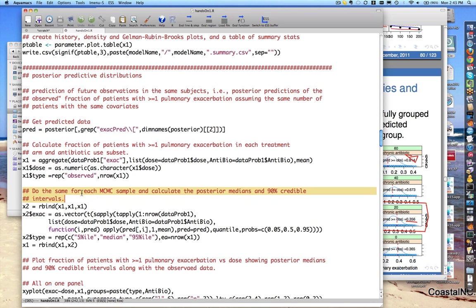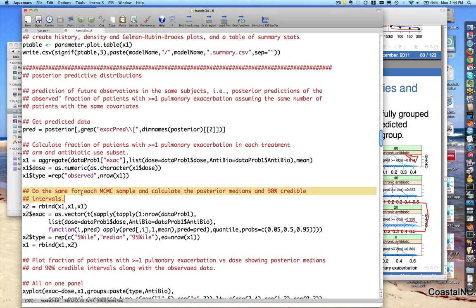as I just did for the observed data, but I do it for each one of the MCMC samples, because for each MCMC sample I simulate an entire set of observed, observed in quotes, I guess, data values. So I have to go through the exact same process I just did with the observed data, but do it for each one of those samples.